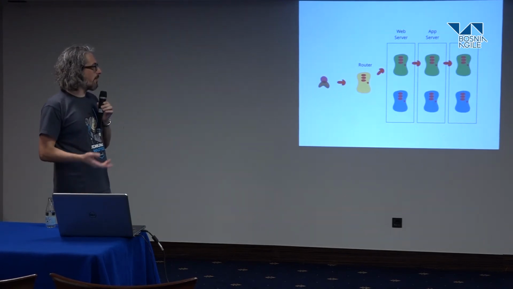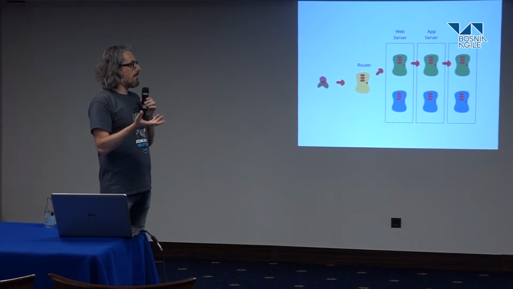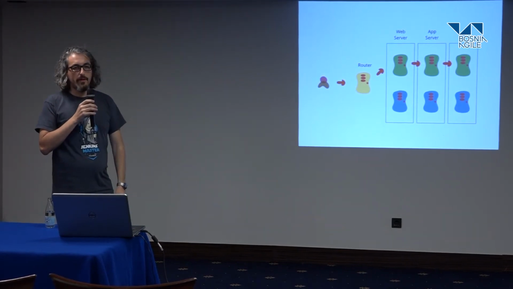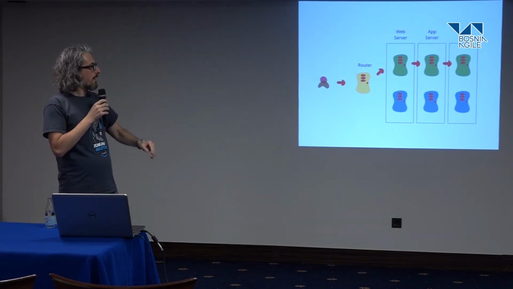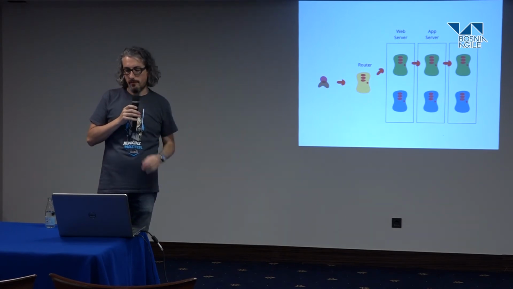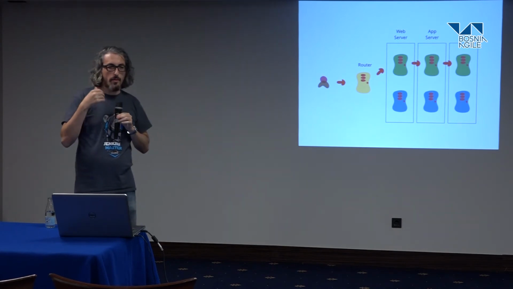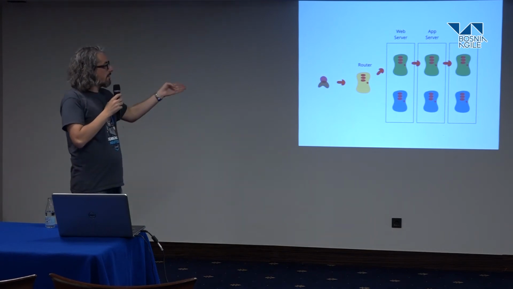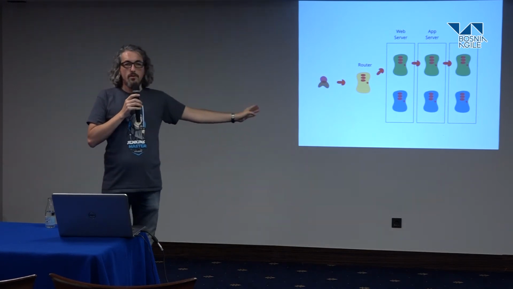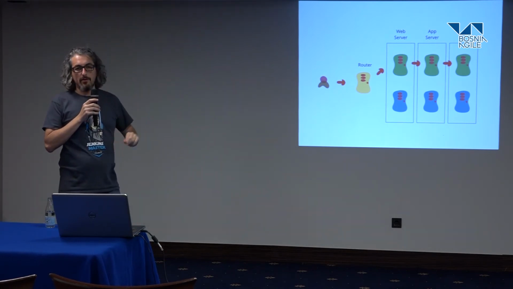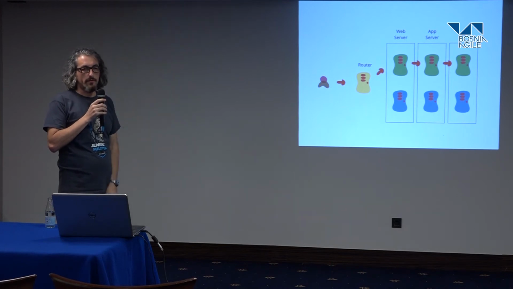So on a blue-green deployment, you have a cluster running, the green cluster, and you have a router in front of it, and you have your version running, and your user goes to the current version, okay? When you deploy a new version, and I don't think I have the animation. No, okay. When you deploy the new version, you deploy it to the blue servers. So now you have two versions running in production, one on the green servers, one on the blue servers.